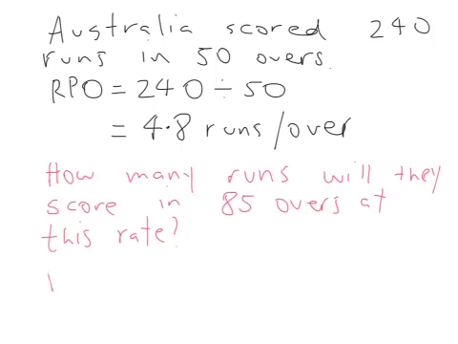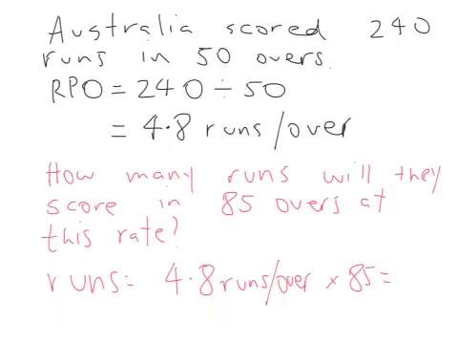Well, I'm going to say that our number of runs is our 4.8 runs per over times 85, which will give us 408 runs. And again, please be assured that is an average runs per over.